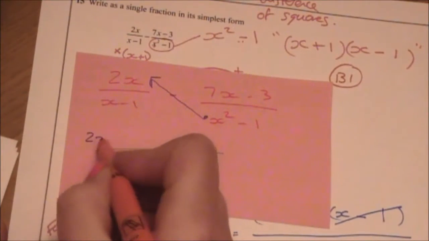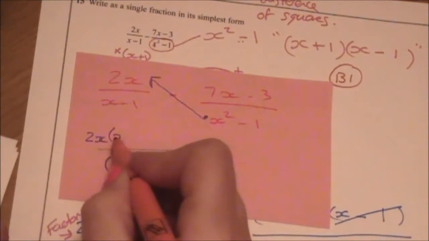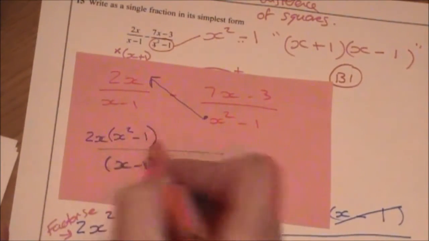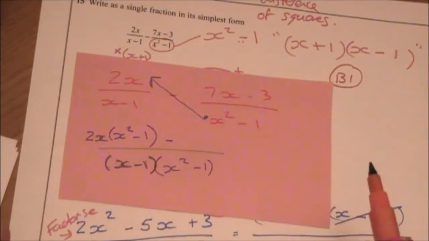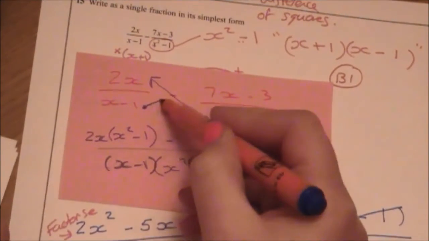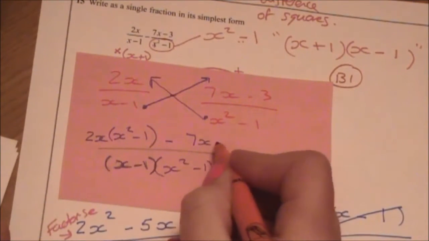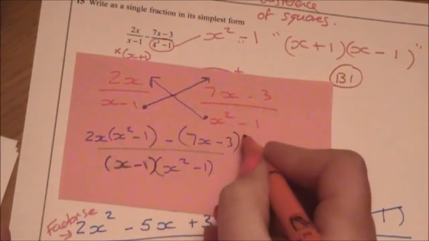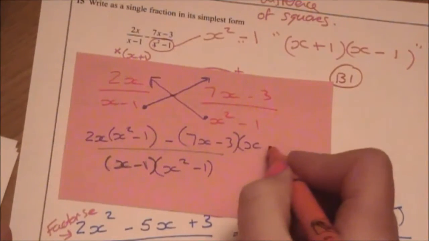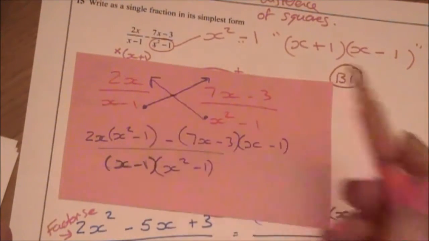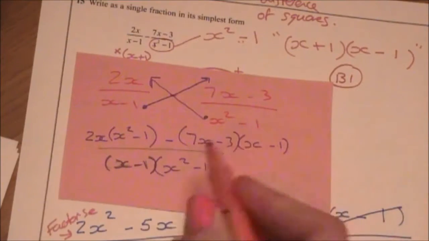So I had 2x there originally. I'm now taking the x squared minus 1 up, and I take away this, which I take up. So I had 7x minus 3 up there. I need to times that by the x minus 1 from the bottom of the other fraction.